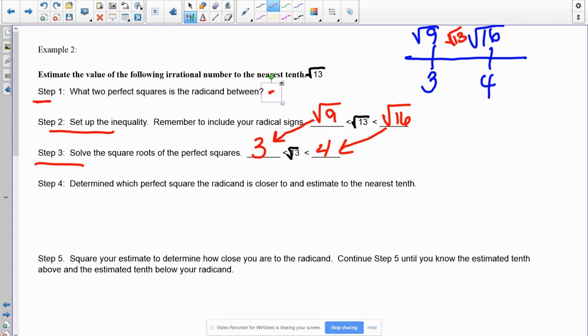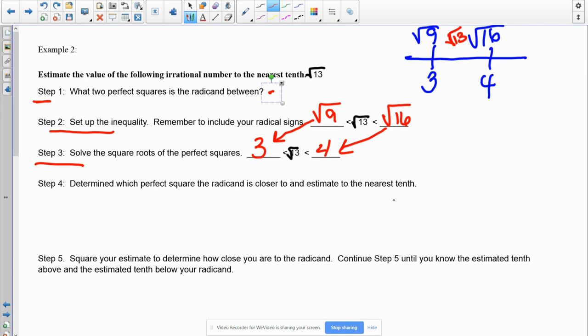So let's see, square root of 13. I do a little subtraction here. That's 4 away. If I look at this, this is 3 away. So it's not close to one side or the other, but it's closer to the 4 than it is to the 3. Let's guess 3.6. It's not halfway in between, it's a little closer to the 4.